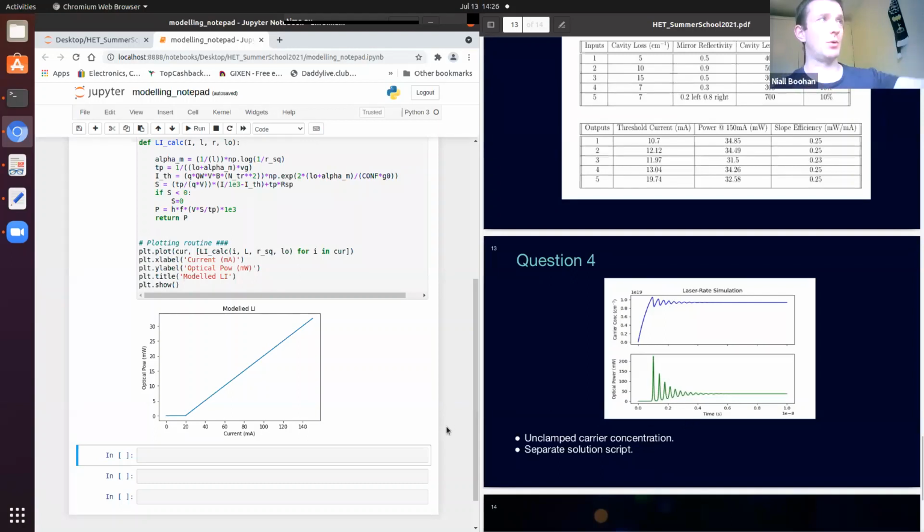So what we're doing in the steady state one is, instead of doing all these calculations, we just go to where the calculation is in the steady state, and we read off the power here. So if you can imagine, this LI curve is just the steady state version of this optical output power with time calculation.